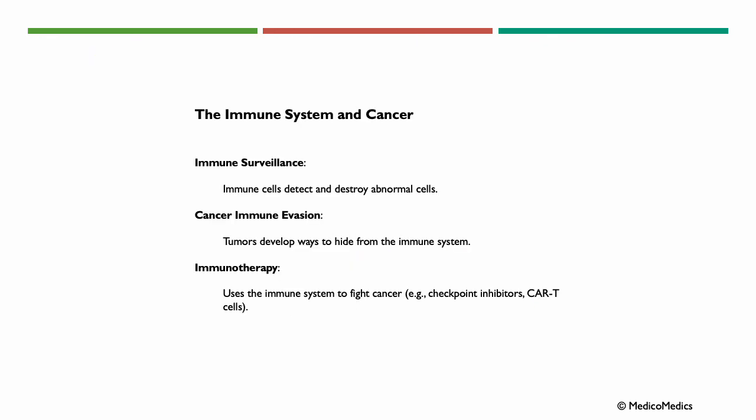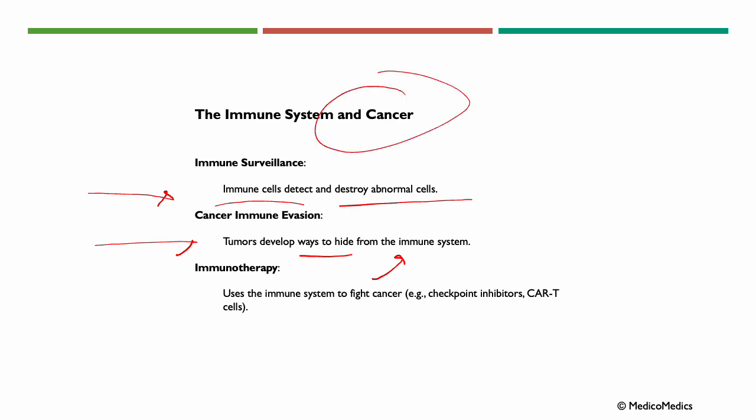Moving on then to the immune system in cancer. So immune cells, indeed, detect and destroy abnormal cells. Tumors develop ways to hide from our immune system. This is one reason why cancer is so tricky, because we do have immune cells developing.